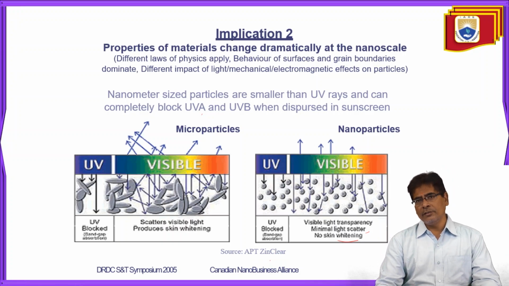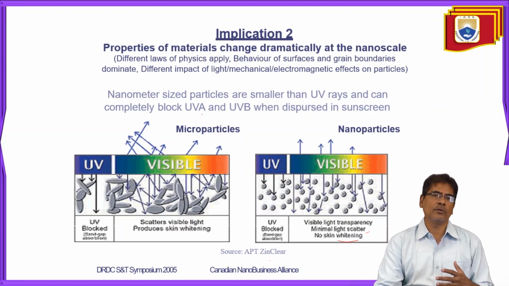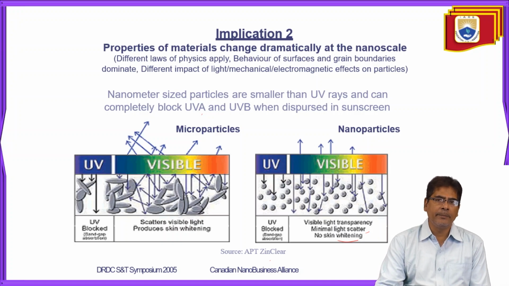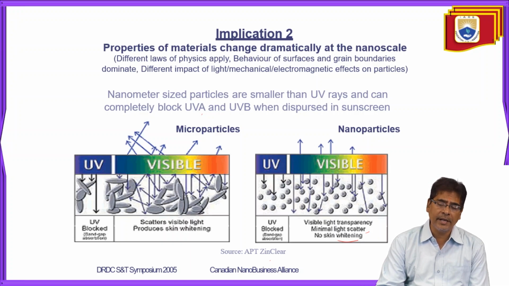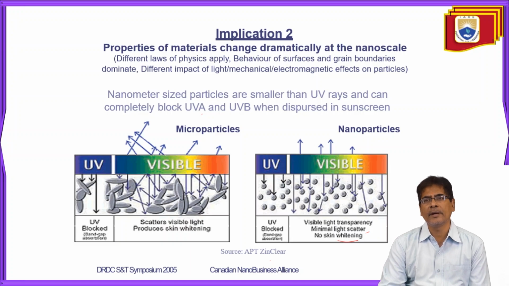So the properties of materials change at very low dimensions, at a low scale. That is what people say: there is plenty of room at the bottom. For the properties to change, we need to apply different laws of physics, including the behavior of surfaces and the importance of grain boundaries. So grain boundaries dominate these features, along with the different impact of light, mechanical or electromagnetic effects on particles.